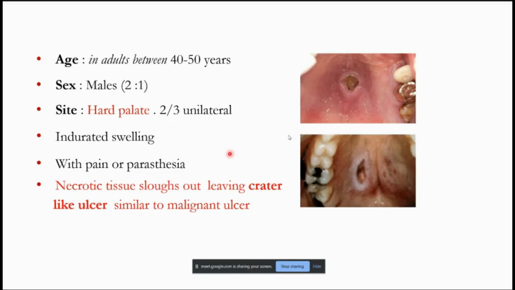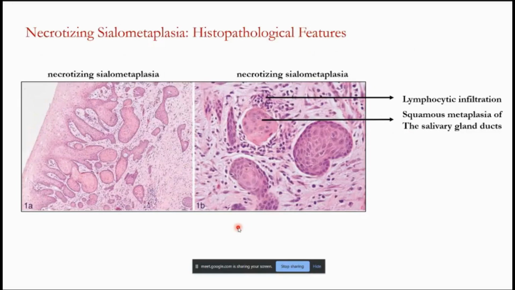And the main feature, the reason it is called necrotizing sialometaplasia, is that there are necrotic tissue sloughs. Okay, this leaves behind a crater-like ulcer, which is very similar to a malignant salivary gland tumor or any malignant ulcer, even squamous cell carcinoma of salivary gland. Okay, so that's the clinical picture.